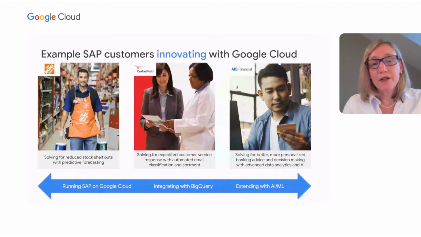One of the ways that our customers are innovating with Google Cloud is not only by way of running their SAP systems and environments within Google, but also taking advantage of some of our data and analytics technologies such as Google BigQuery and incorporating machine learning into their business processes. For the Home Depot, for example, they're solving for reduced shelf outs within their stores, as well as providing predictive forecasting.